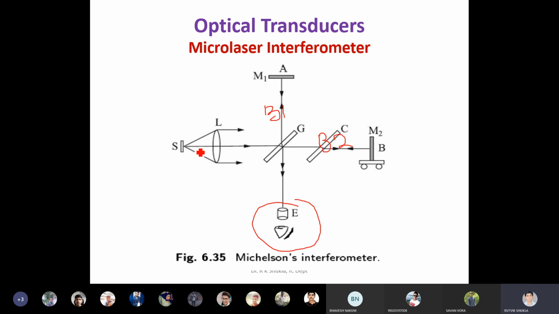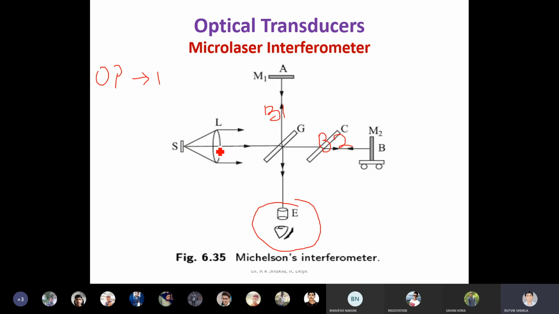Now, the beam which is coming out of the source strikes the target A and comes back to the E. This particular path is called optical path 1. Clear? OP means optical path. Optical, because it is related to light.